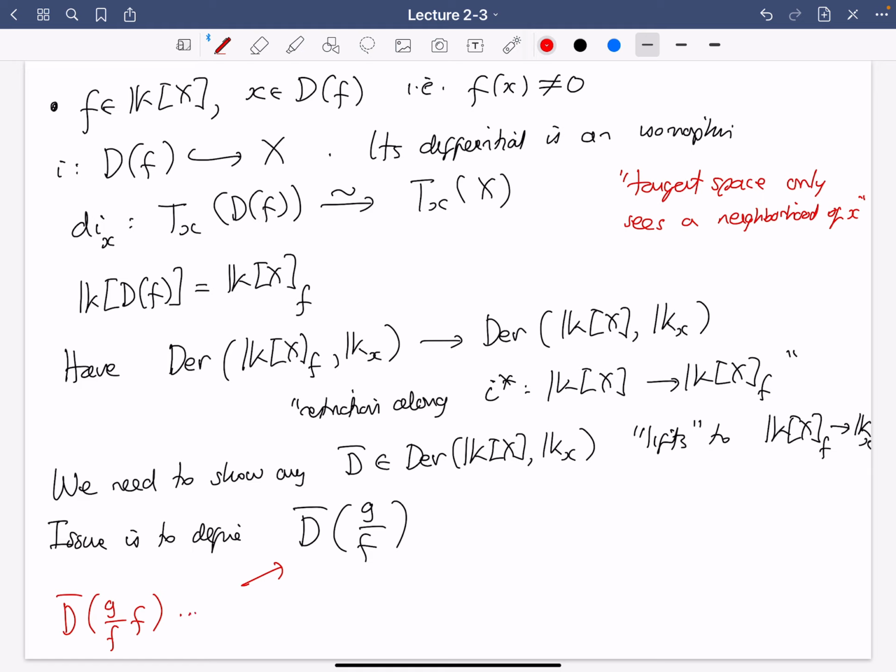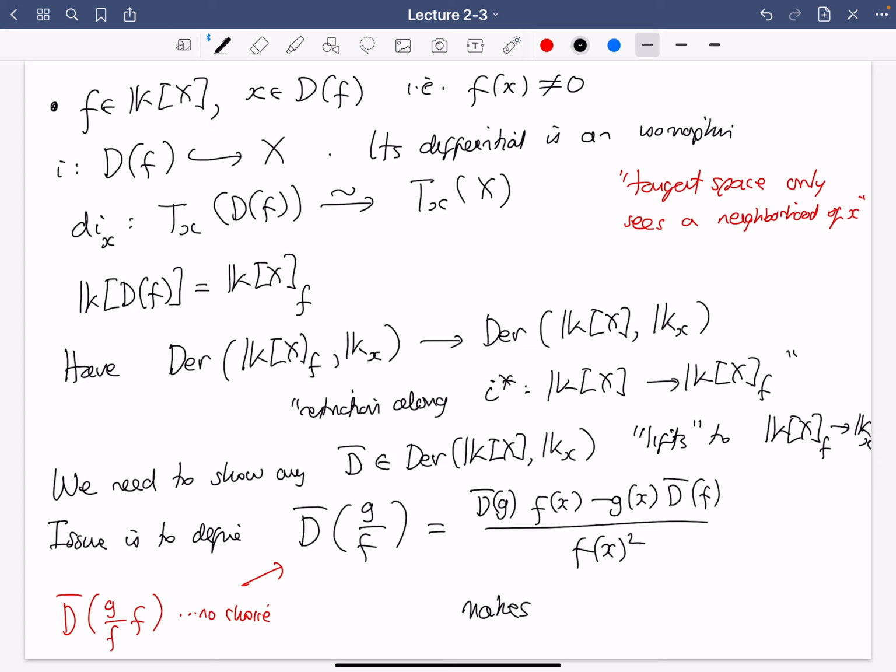It shouldn't be any surprise that this is just the quotient rule. It's the bottom times the derivative of the top minus the top times the derivative of the bottom, all over the bottom squared. That's the unique thing you have to do, and it makes sense as f of x is not 0. So that's a little hint of how you see this last fact that I've written down.